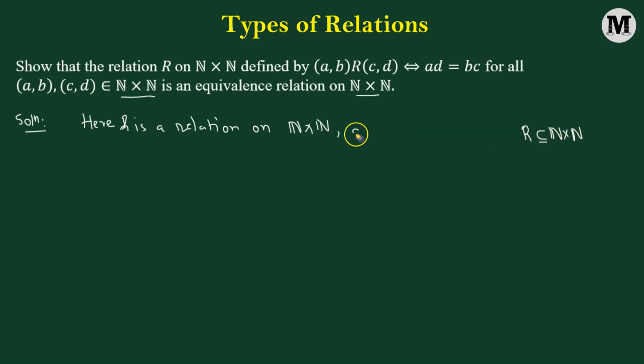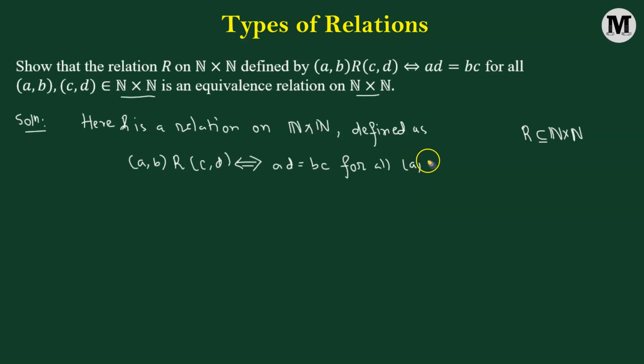Okay, and this relation is defined as the ordered pair (A, B) is related to the ordered pair (C, D) if and only if we have A times D equals B times C for all ordered pairs (A, B) and (C, D) belonging to the Cartesian product of N with itself.